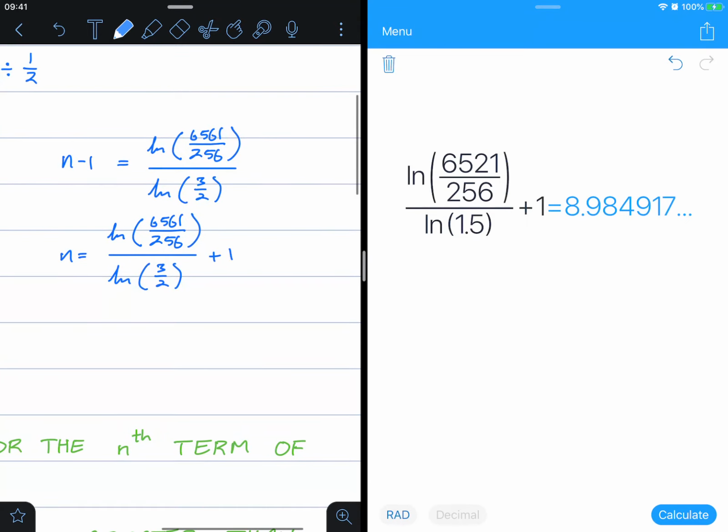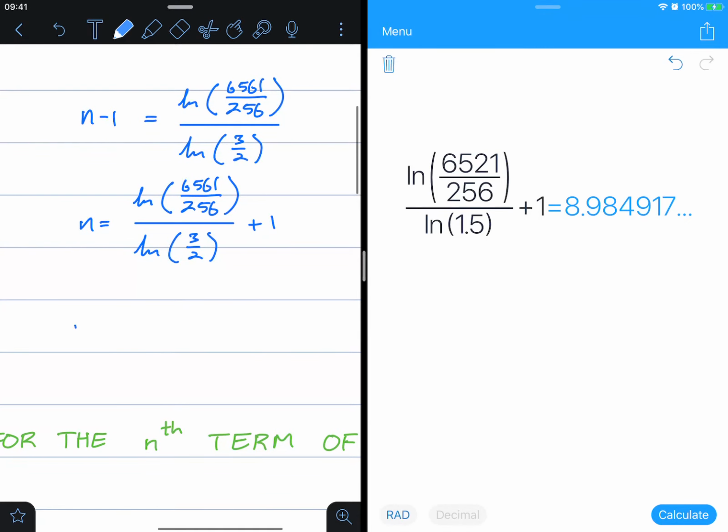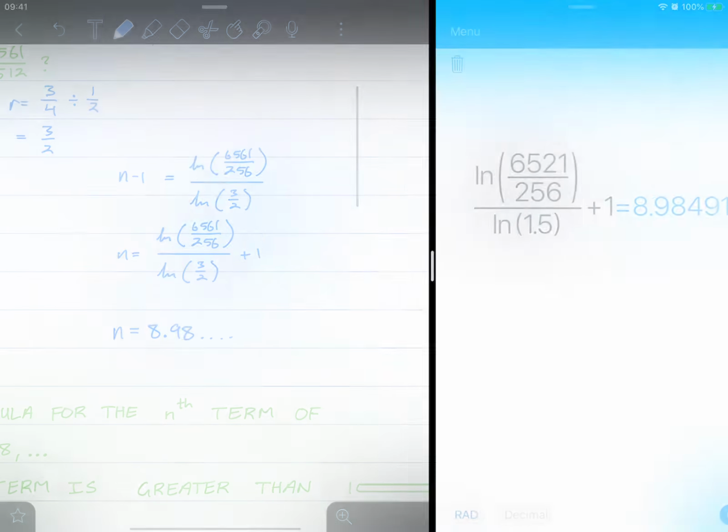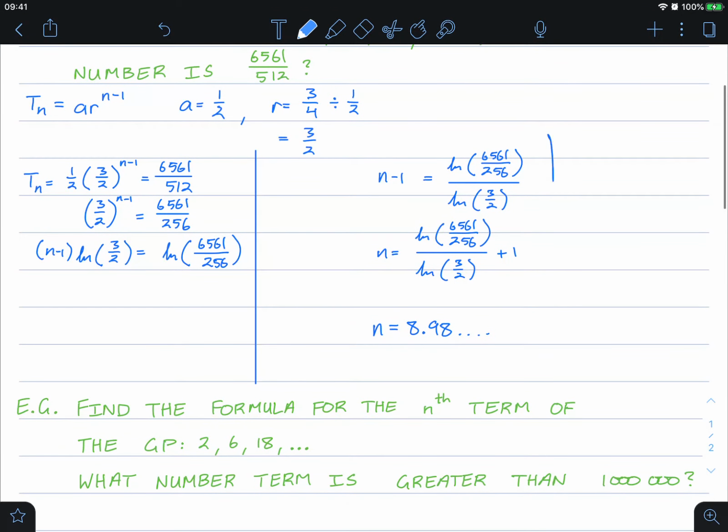So all of this is equal to 8.98. So n is 8.98, which, as you can probably tell, we need to round to the nearest whole number. So we say that's the 9th term.